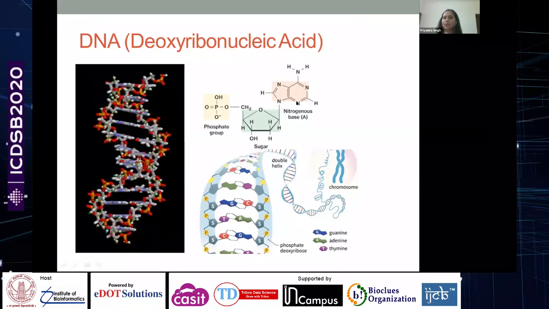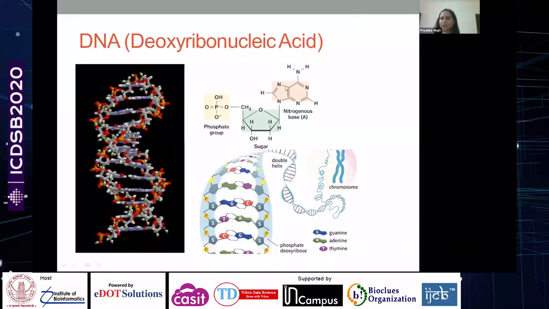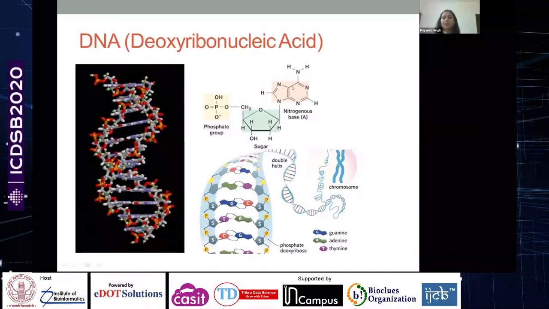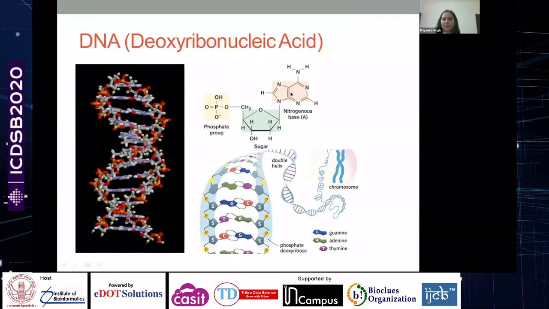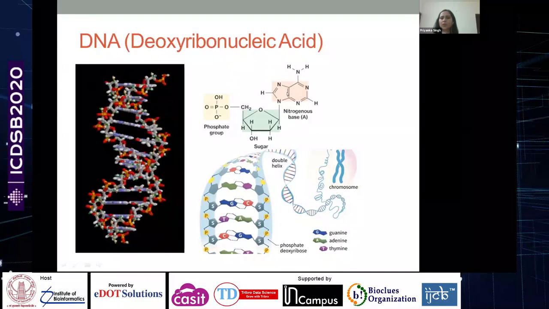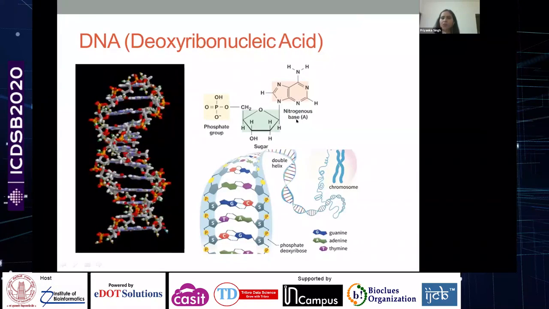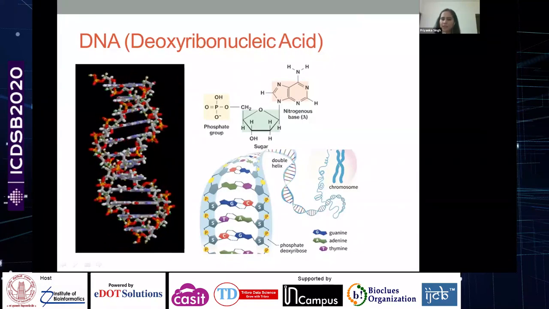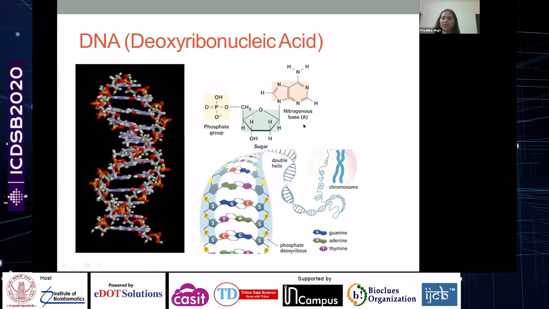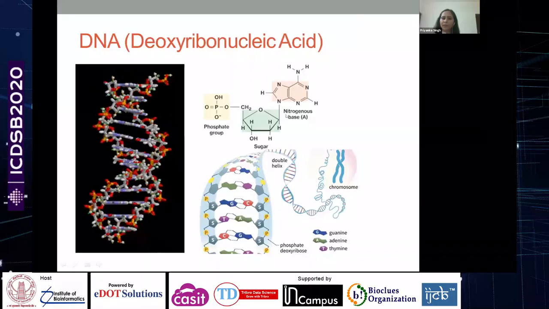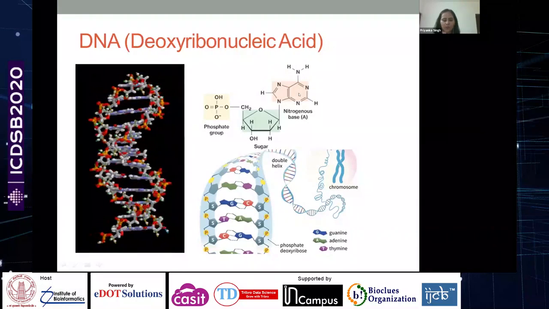On the first carbon, a nitrogenous base is attached by a covalent bond. Nitrogenous bases also fall into 2 categories, purines and pyrimidines. Purines have double ring-like structures. Purines include adenine and guanine, whereas pyrimidines, which have a single ring-like structure, include cytosine and thymine.